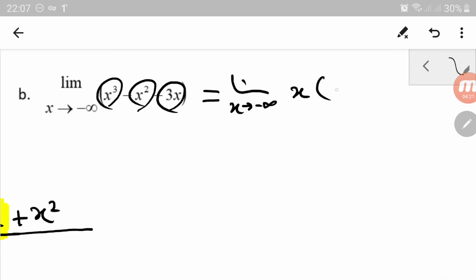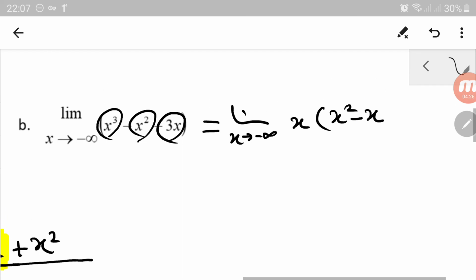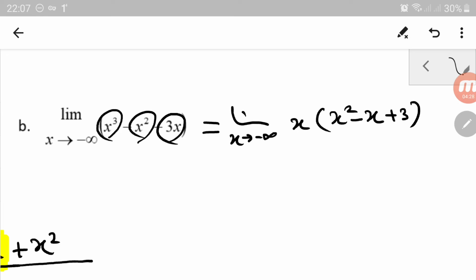So what's left is x squared minus x plus 3. Then limit x approaches minus infinity.